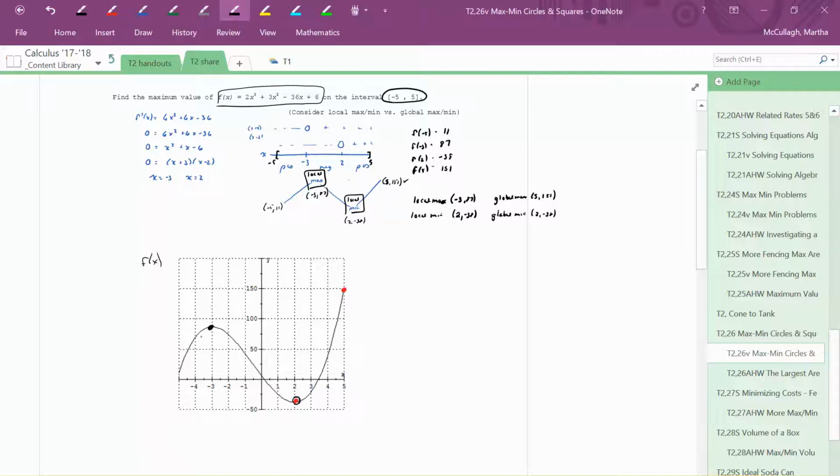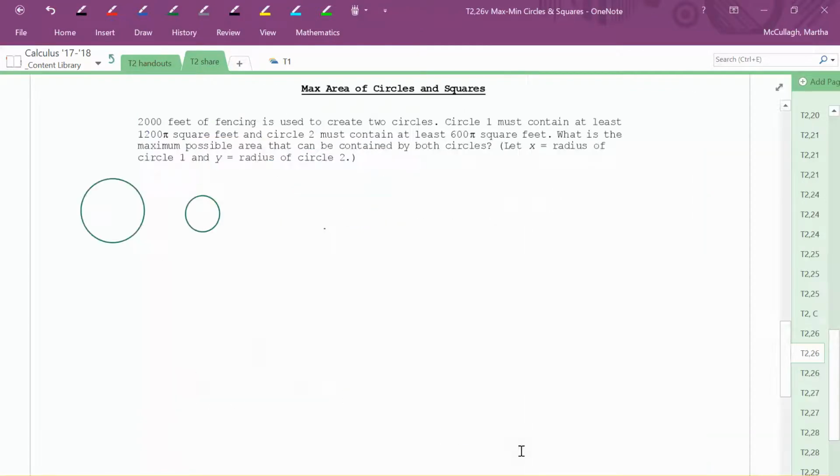My local max is at (-3, 87). For my minimums, I have a local min, a bottom of the trough at 2, -38. My overall lowest point for this entire graph is that same point at 2, -38. So that's the contrast of local max and min and global max and min.